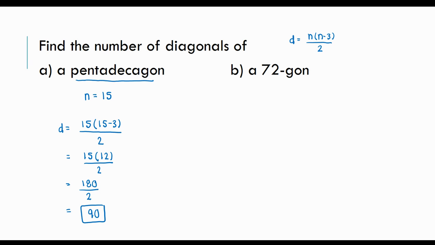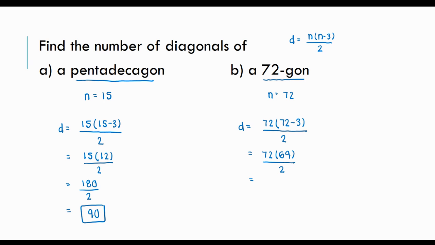So can you imagine here in part B, if it says 72-gon, that means that n is 72. So we have 72 sides. Let's figure out how many diagonals we have. So I'm going to plug that into the two different n's in my formula. So 72 times 72 minus 3, and that whole thing is getting divided by 2. Well, 72 minus 3 is 69.